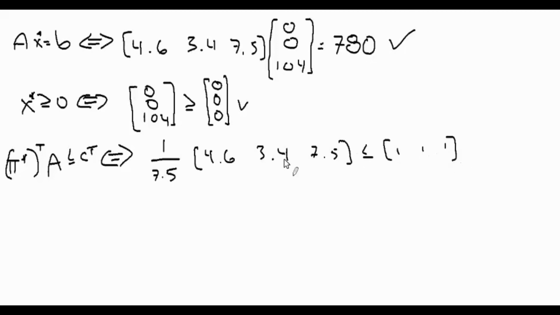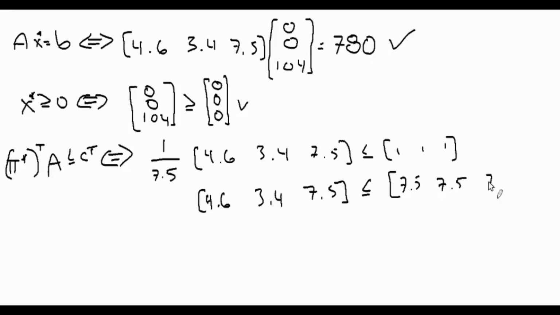Well, let's just multiply through both sides by 7.5. So then that gives us 4.6, 3.4, 7.5 is less than or equal to 7.5, 7.5, 7.5. Oops.